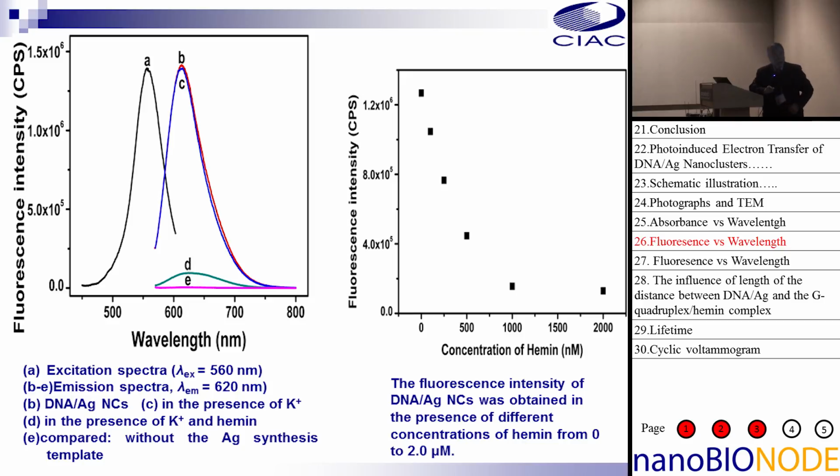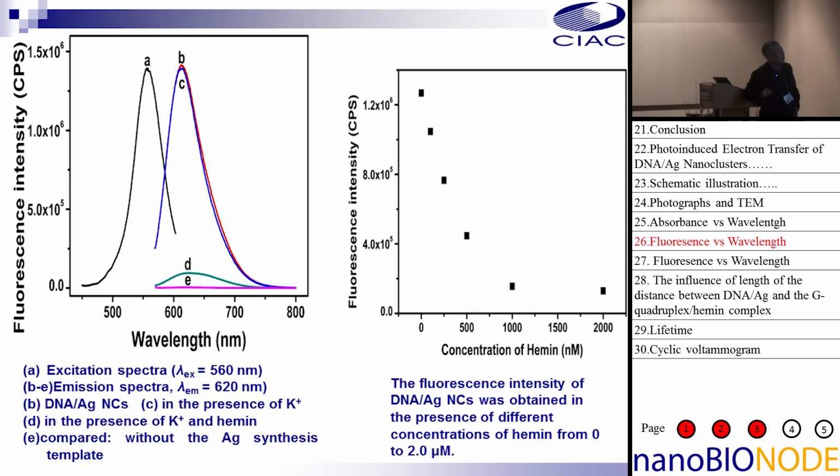And here I also show you the experiment with the excitation spectra, and here the emission spectra, and B is the DNA silver nanocluster. But in the presence of potassium, there is no influence.